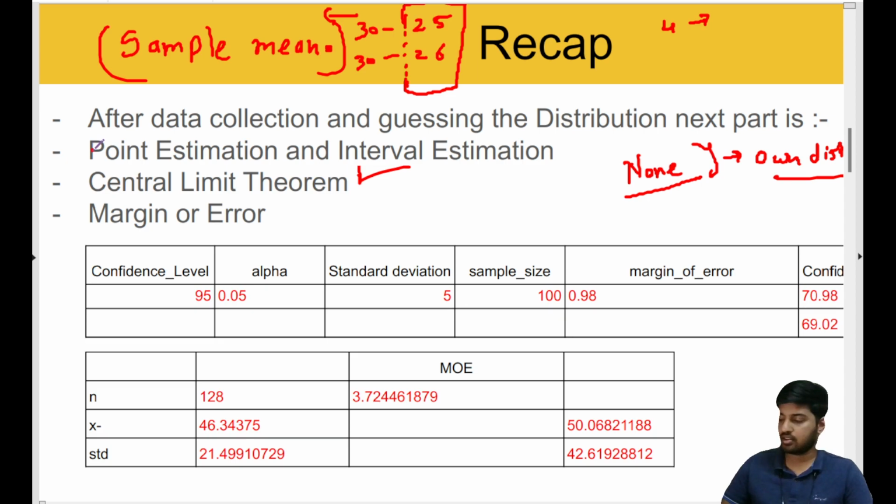We have just introduced the point estimation. You can just leave it apart. But we have seen the interval estimation, right? For interval estimation, we have seen the margin of error. So how can we do the interval estimation?